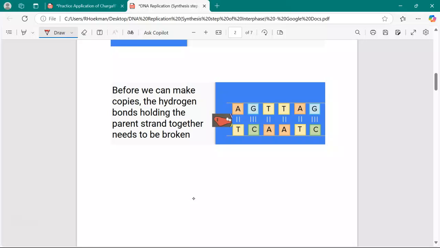Okay, so this here is an enzyme, and the enzyme is just breaking all these bonds. So then these are not stuck to each other anymore. The A is not stuck to T, the G is not stuck to C anymore. So that's our first step. First step is we have to actually pull apart the DNA strand. Take the two sides of the ladder and break the rungs in the ladder.